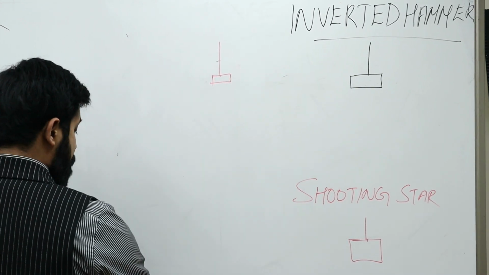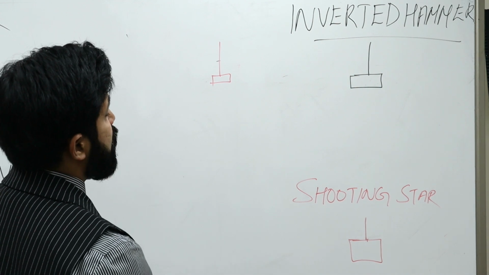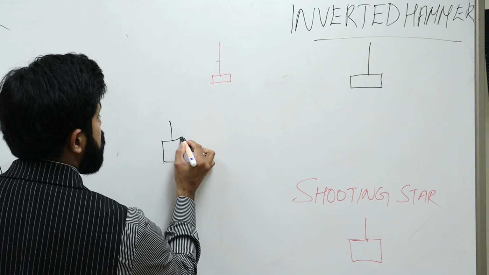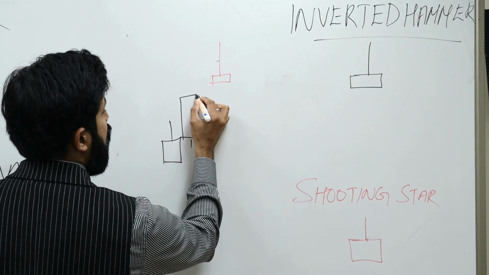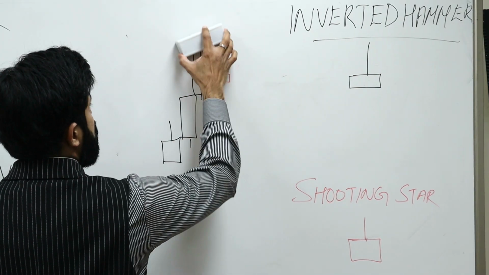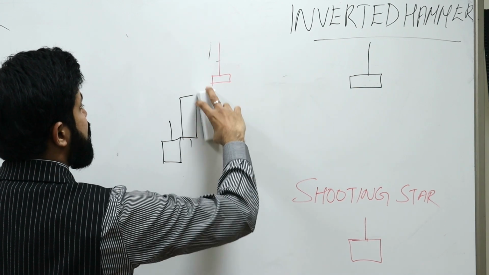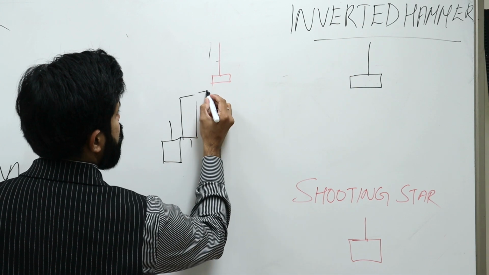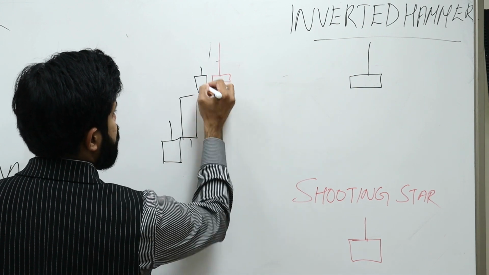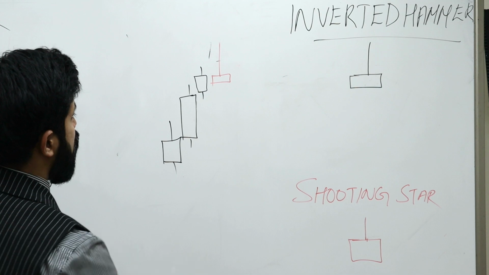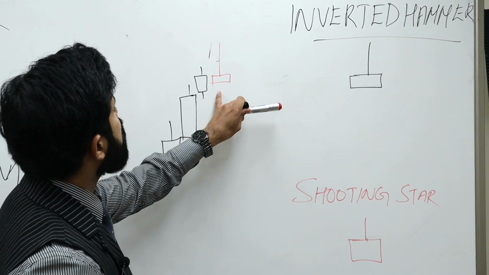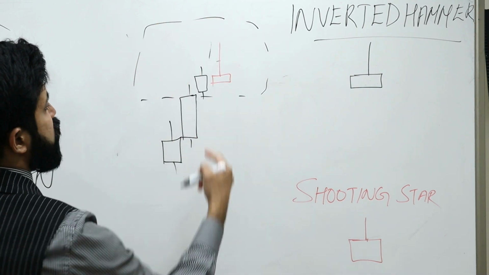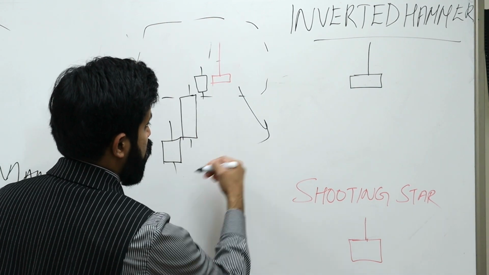Sellers or buyers? Here the sellers won the game. Even though buyers were pushing the price up till this point, at that particular range you actually got this one. You got this structure, you're moving up, then you get this at the top. So close to the top, when you get this one, it's clear you are going to the downside.